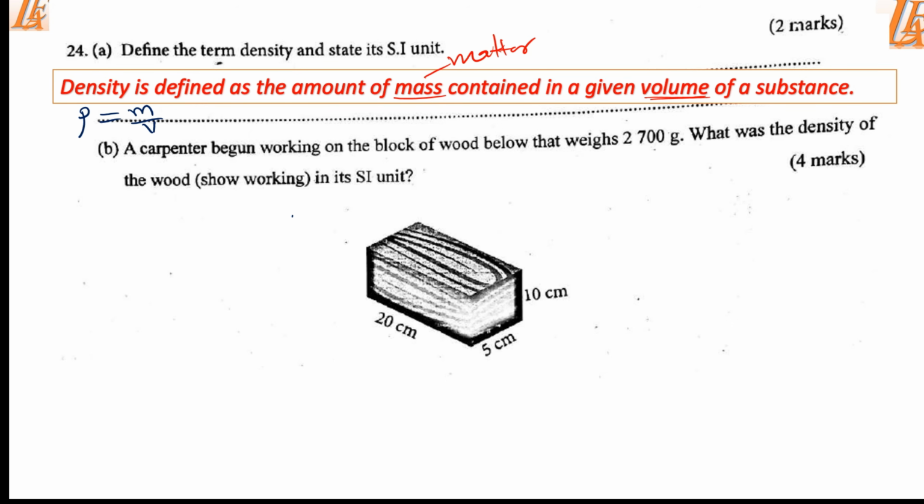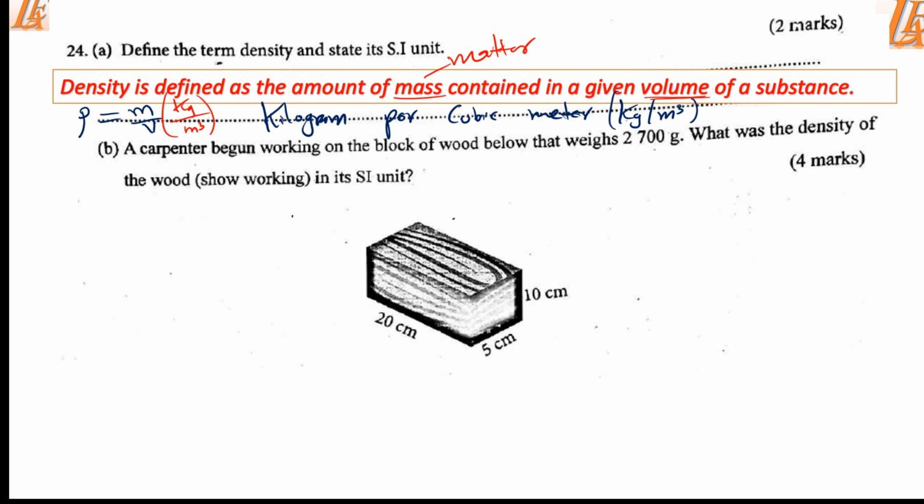Since we know the SI unit of mass is kilogram, and the SI unit of volume is cubic meter, we can now give the SI unit of density as kilogram per cubic meter, which we can write simply as kg per cubic meter.